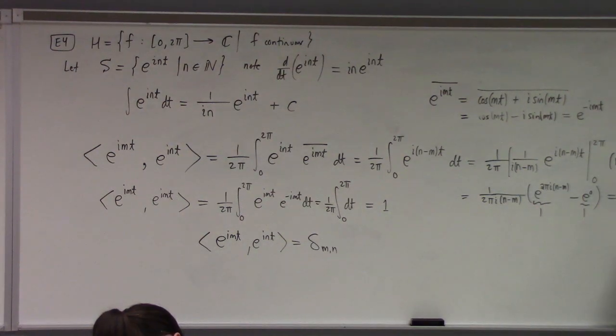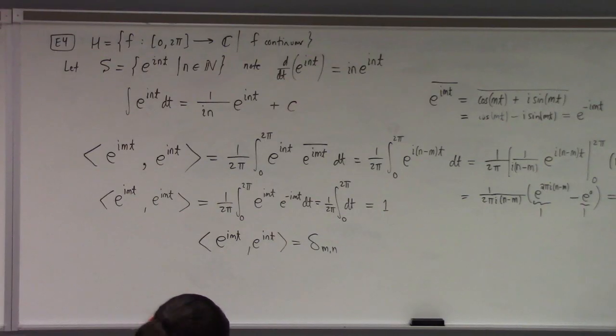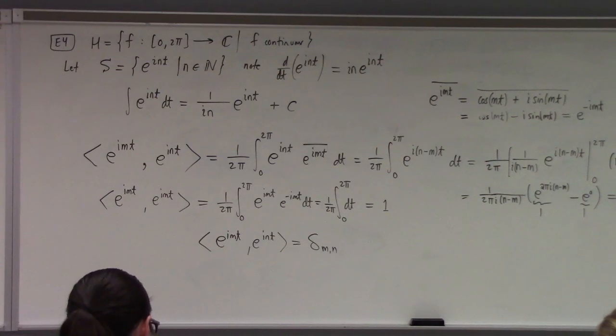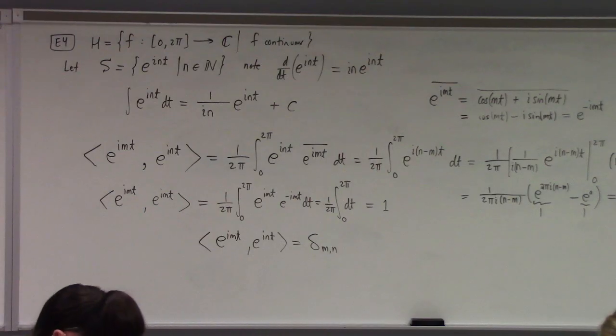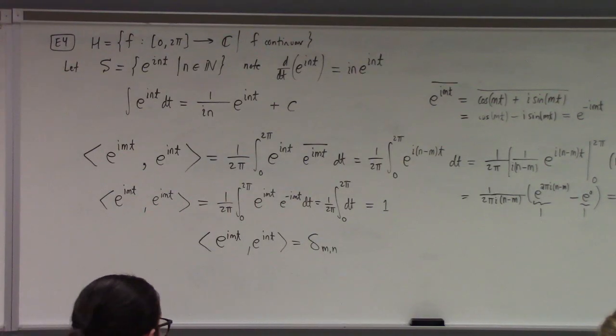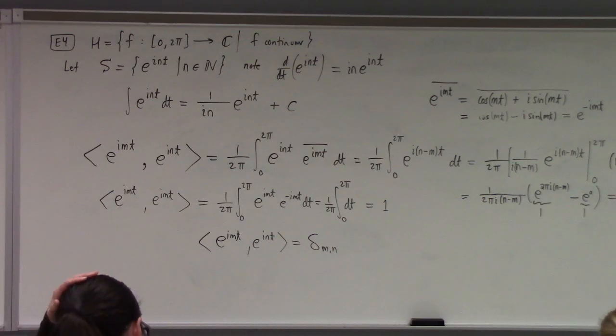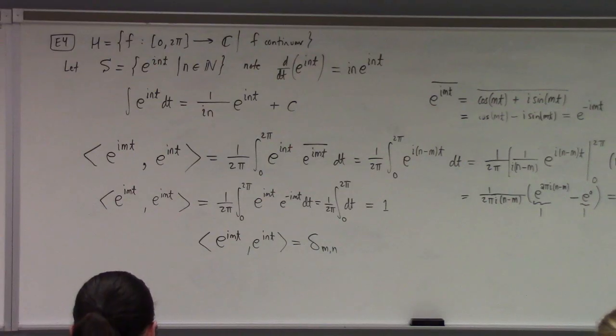So that brings me to my next proposition, which is really super important, and also a joy to prove. It's one of those nice ones that once you understand it, you don't have to memorize it. Some things you learn how to prove, and it still takes memorization to stick it in your brain.